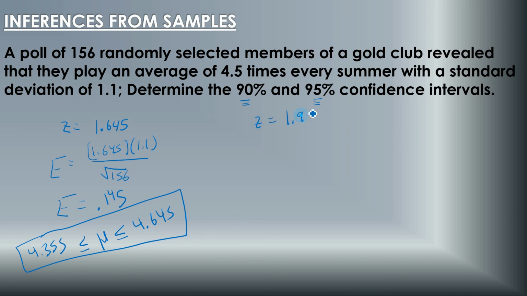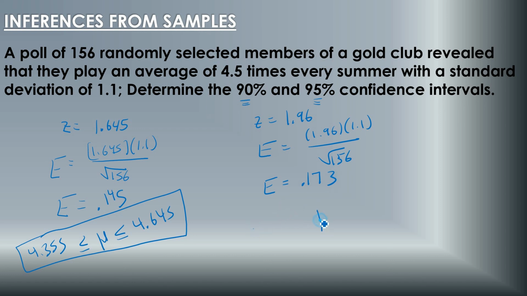So Z is going to be 1.96 and E is going to be 1.96 times 1.1 divided by the square root of 156. And when we do that, just give me a moment, I get an error level of basically 0.173 rounded.